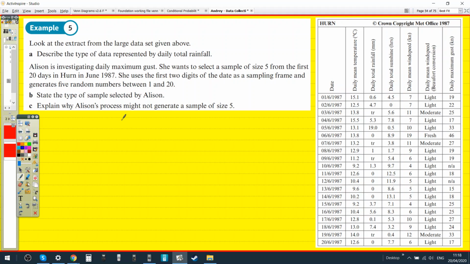Quantitative, and anything else you can say about it? Is that like, I don't know, discrete? Daily total rainfall. So where is daily total rainfall? So daily total rainfall is measured in millimeters. Does that make it continuous? Yeah.